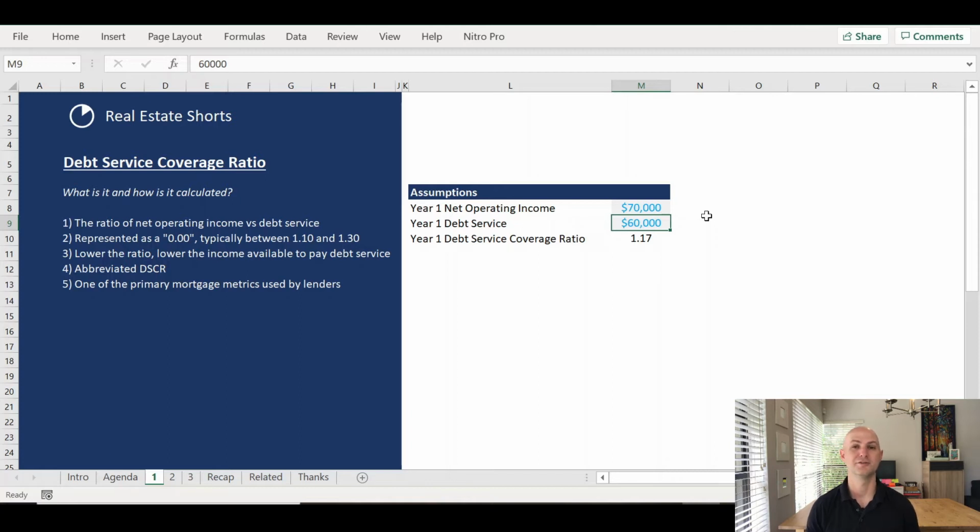From the lender's perspective, they're looking for something between 1.1 and 1.3, 1.1 being the bare minimum, likely associated with some kind of public subsidy or public funding, something where the government may serve as a backstop to that income as a source of protection and guarantee.